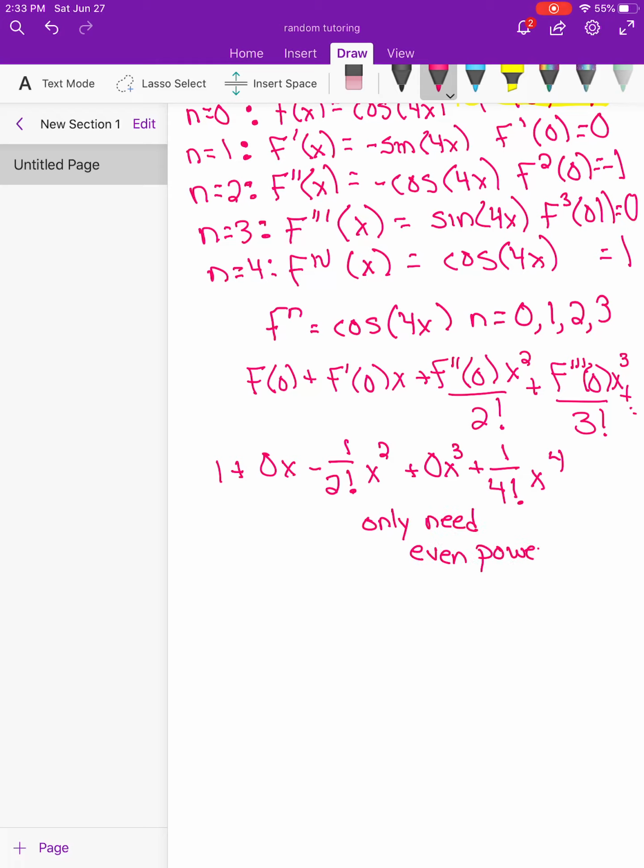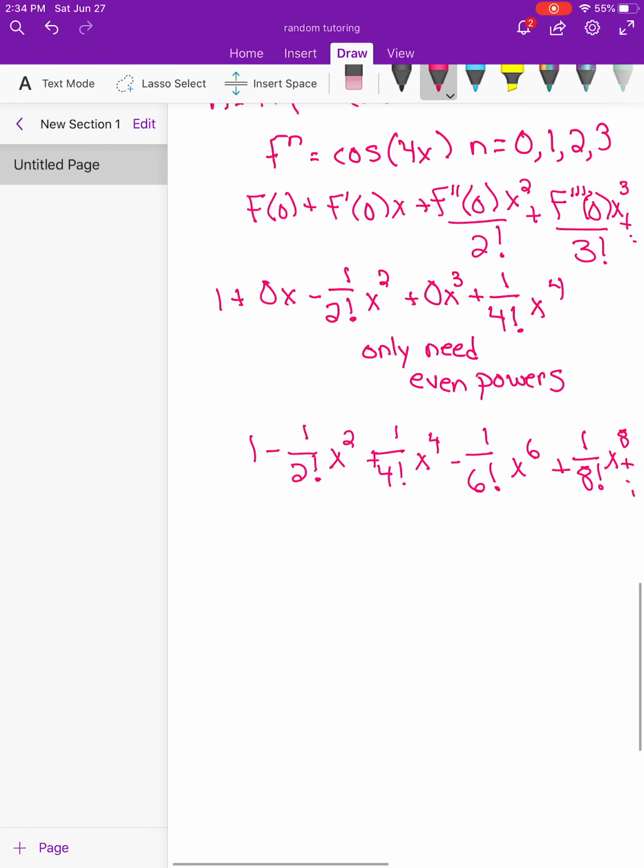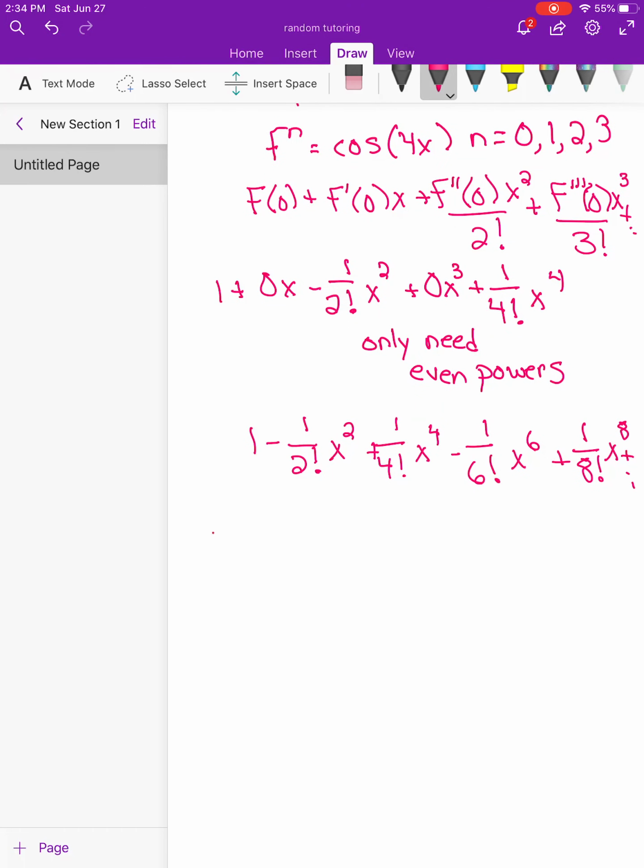All right, so we have 1 minus 1 over 2 factorial x squared, plus 1 over 4 factorial x to the 4th, minus 1 over 6 factorial x to the 6th, plus 1 over 8 factorial x to the 8th. That is going to be our pattern with alternating signs. The tricky part is actually finding the formula, and that is just some trial and error.